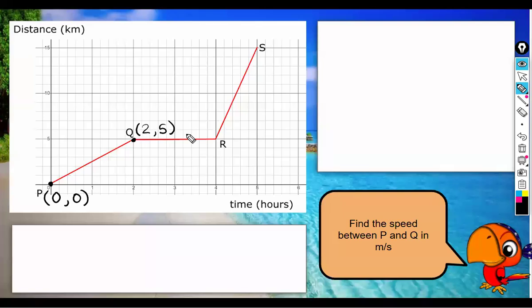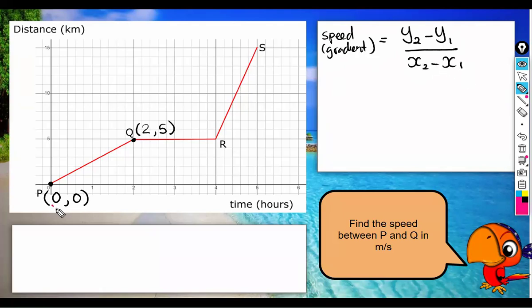You were able to extract the P and Q values from the graph. Great. So remember, in a distance time graph, the speed is equal to what? The gradient. So we know the formula for gradient, y2 minus y1 divided by x2 minus x1.